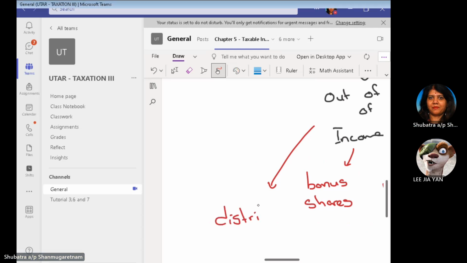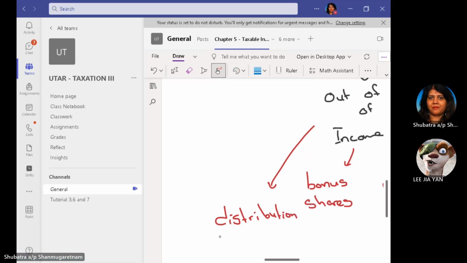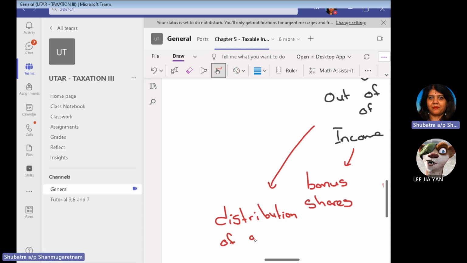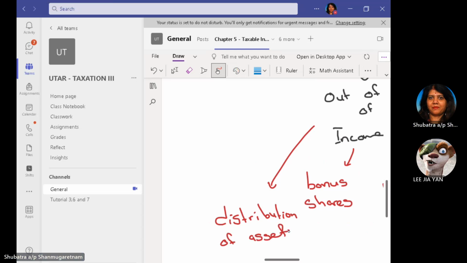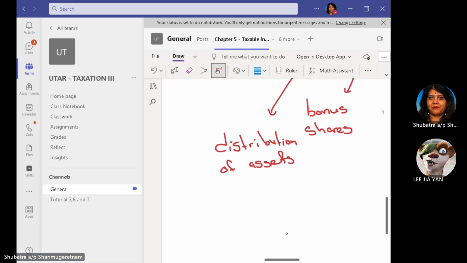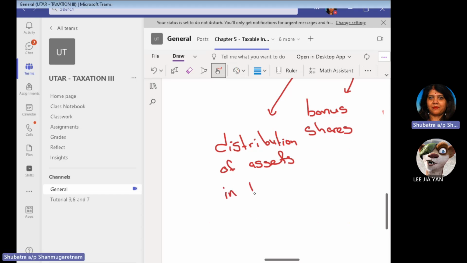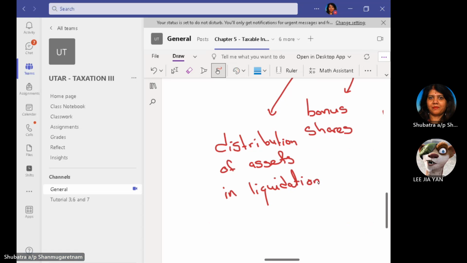Distribution of assets in liquidation, not taxable.